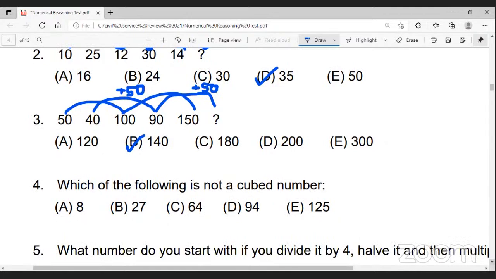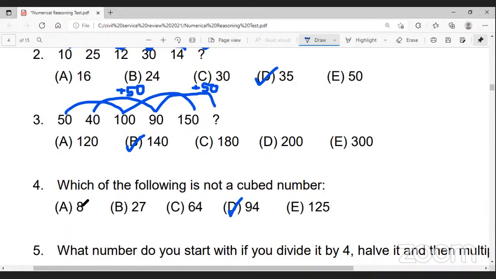Fourth. Anybody? 94. Mark, again. 94, ma'am. 94 is not a cubed number. So what is the 8?